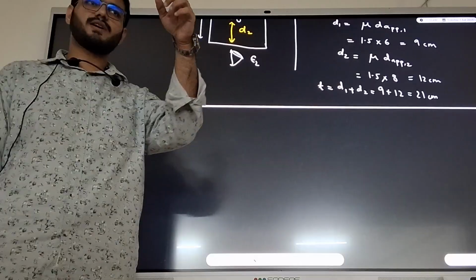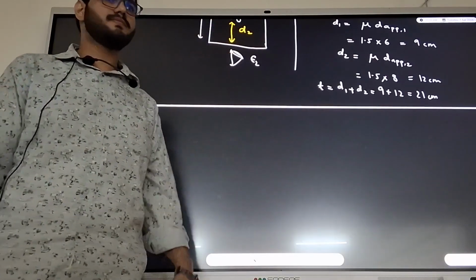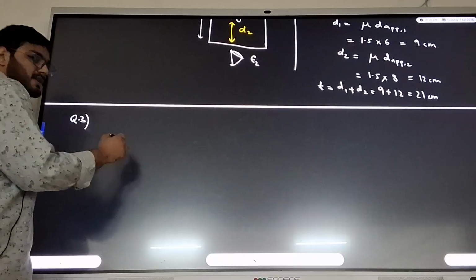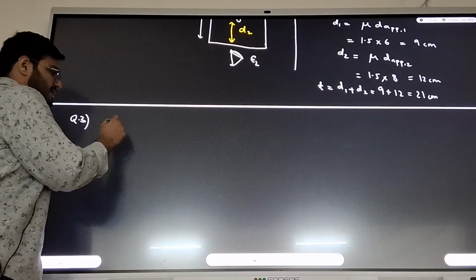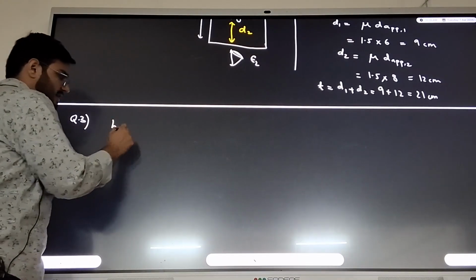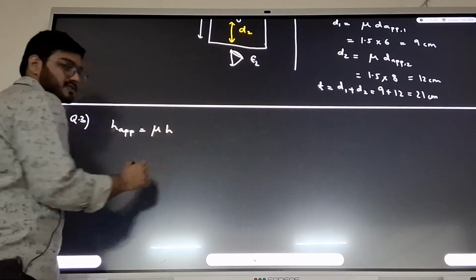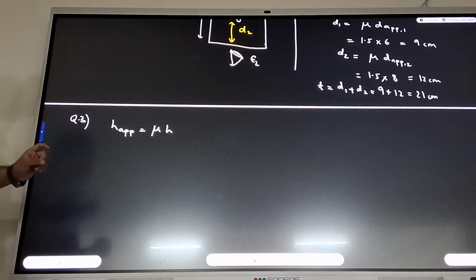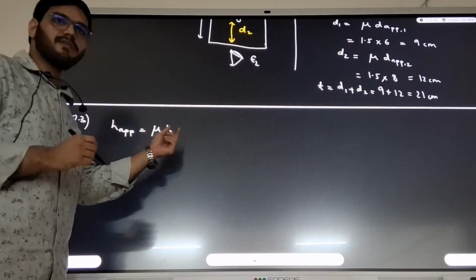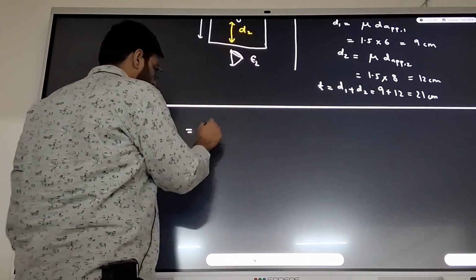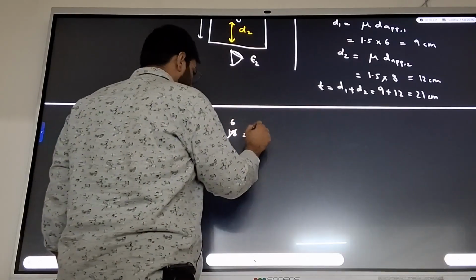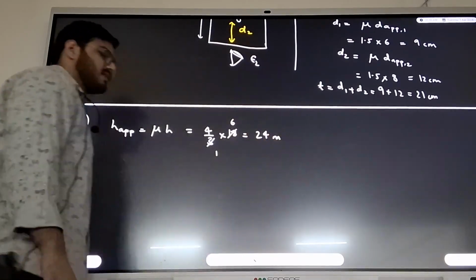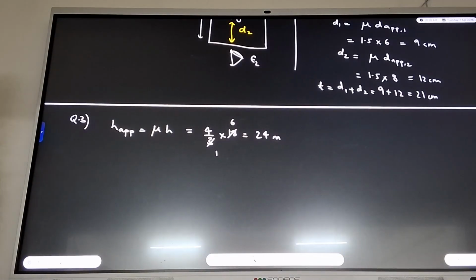Real object, a real object in air. So it's case number 2? Yes. Good. So for case number 2, do we divide by mu or multiply by mu? Multiply by mu. So H apparent will be mu times H. What is the actual height of the bird? 18 from the water. What is the mu given to be? 4 by 3. 4 by 3 into 18. That's 24. You are done. The information about the person at some depth doesn't matter to us.